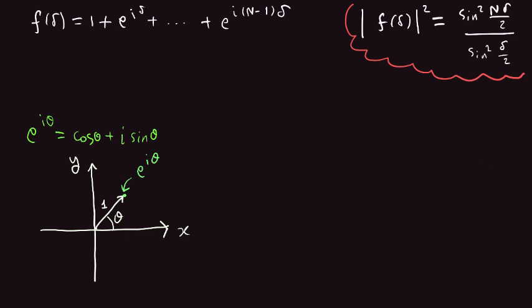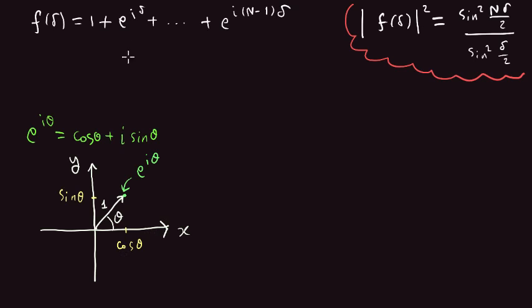And the real part of this complex number is cosine theta, the x component of that vector. And the imaginary part is sine theta, the y component of that vector. So there is that mapping between a two-dimensional vector and a complex number.